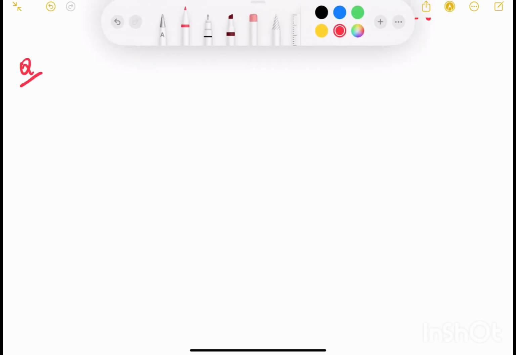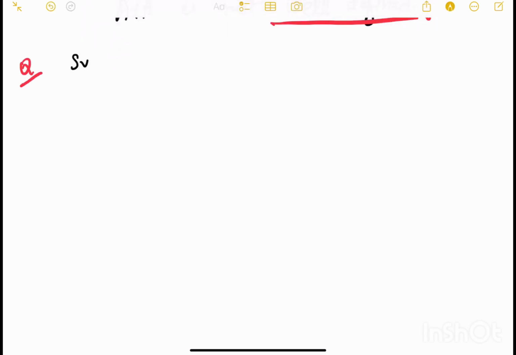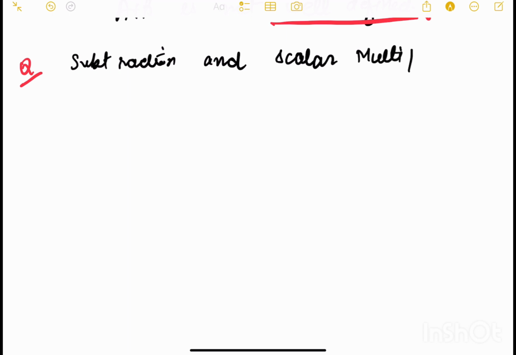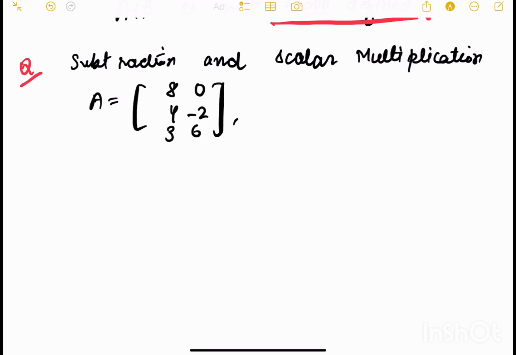So the next question is based on subtraction and scalar multiplication. We are given that A is a matrix: 2, minus 2, 4, 2, minus 5, 1.